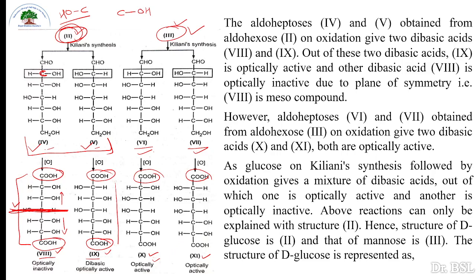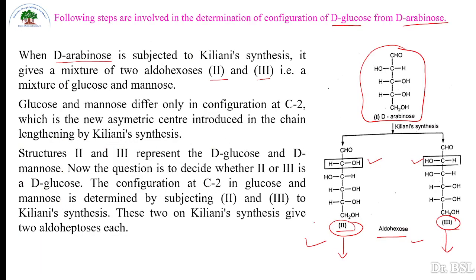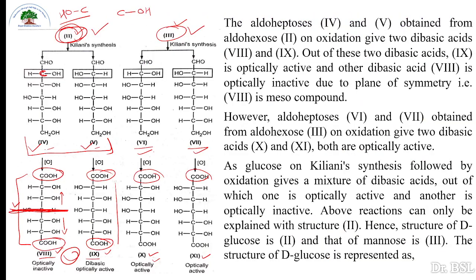After Kiliani synthesis and oxidation of glucose, we get one optically active and one optically inactive compound. So out of the third and second, the second is the most correct structure of glucose.